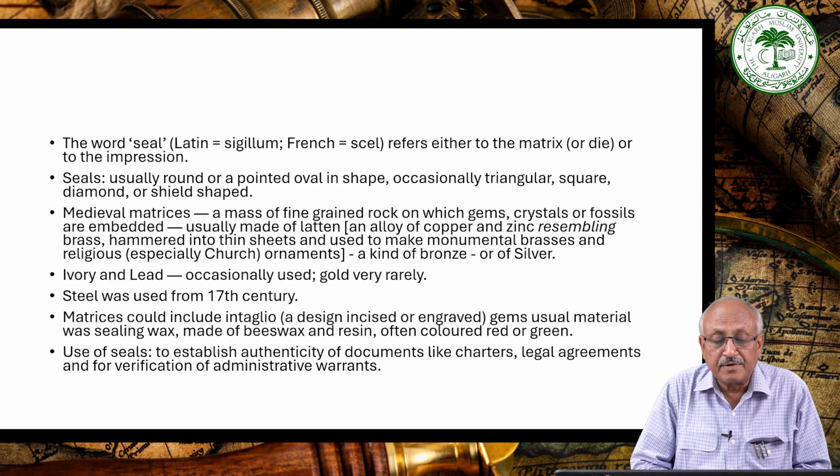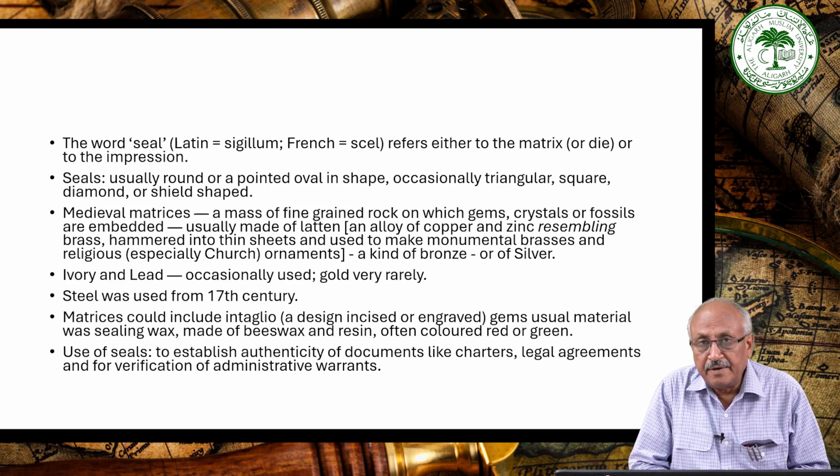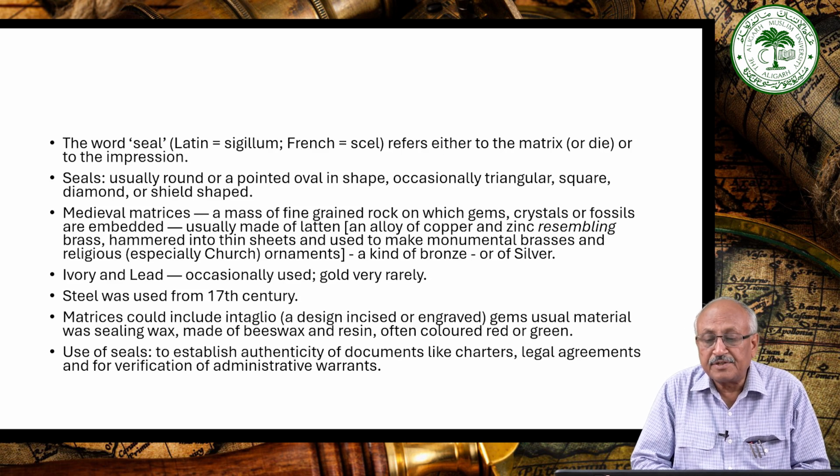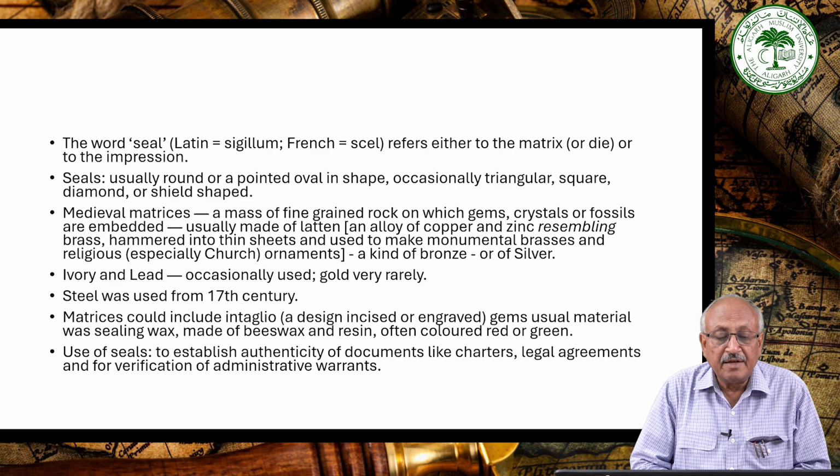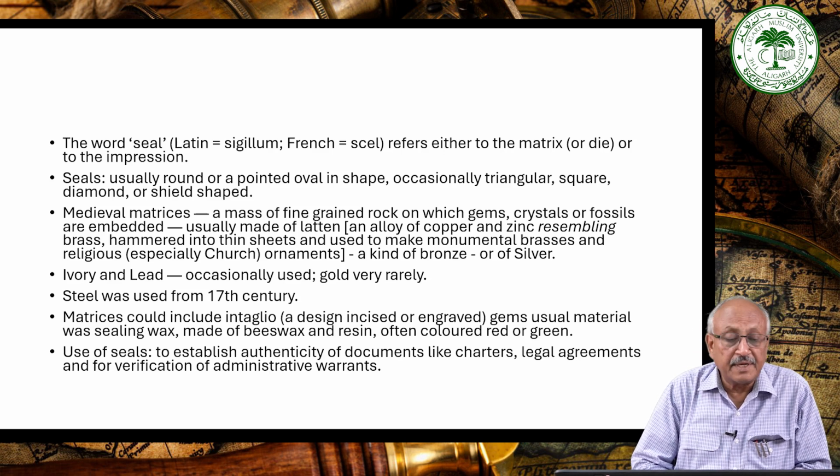Matrices could include intaglio, which means a design incised or engraved on gems. The usual material was sealing wax made of beeswax or resin, often colored red or green. Mostly they are red or green.